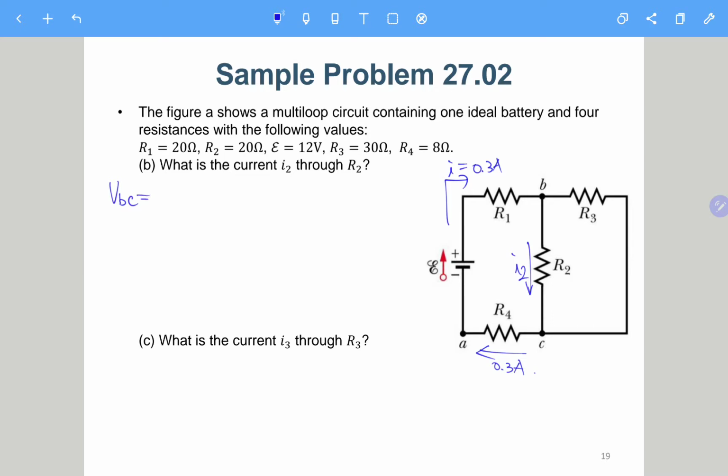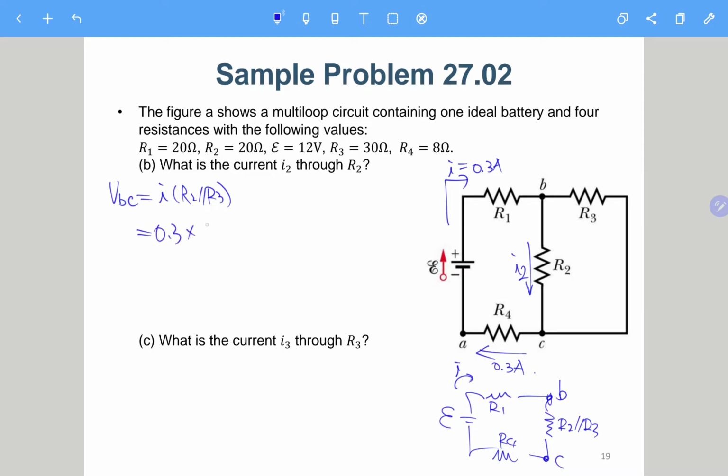VBC will be I times R2 parallel R3, because you can consider this is R1, this is R2 parallel R3, this is R4, this is E. So when we consider VBC, it is nothing but I times R2 parallel R3. In this case 0.3 times 12, which is 3.6 volt.